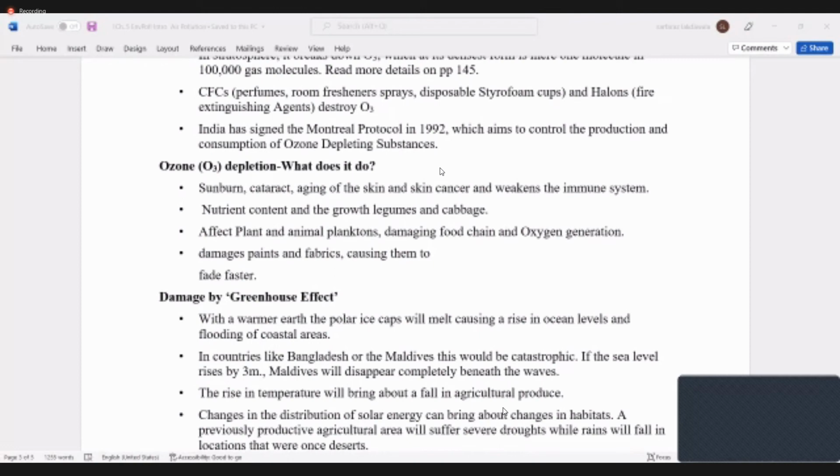We saw this yesterday, how certain plants will not grow and will not flourish if the nutrient content of their soil is affected by the pollution, affecting the plants, animals, planktons, damaging the food chain indirectly. And if the plants are not growing and flourishing in an area, you will find that the oxygen generation is less.